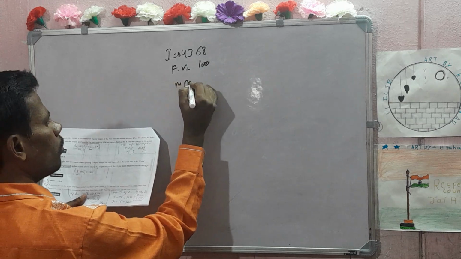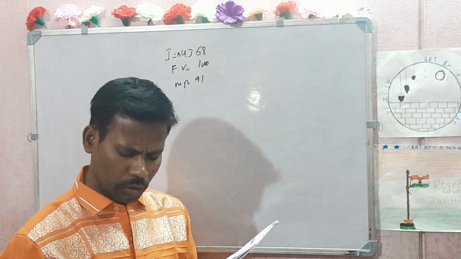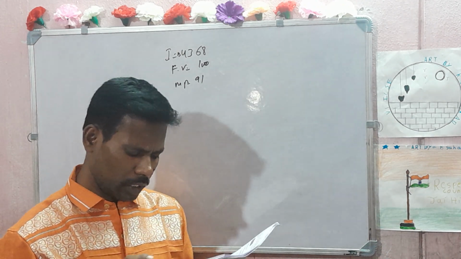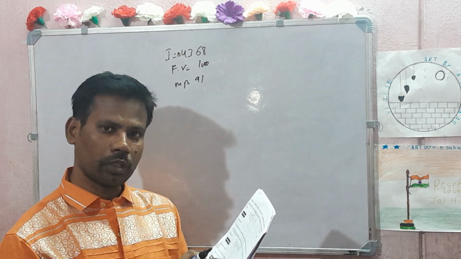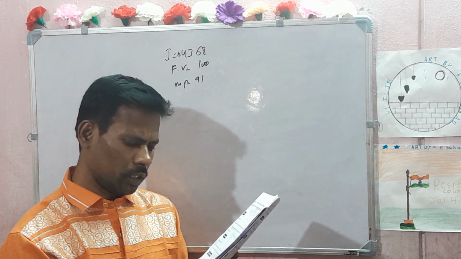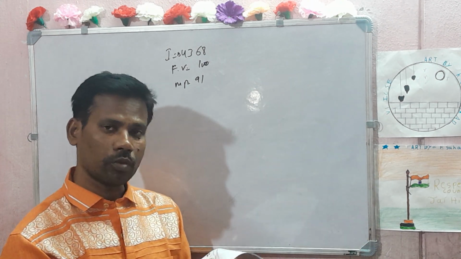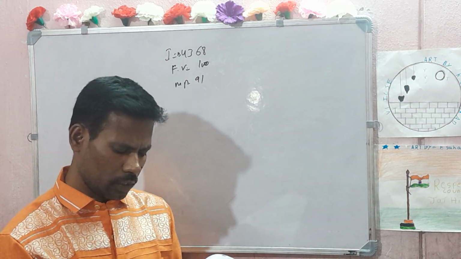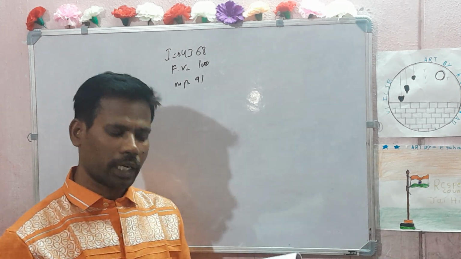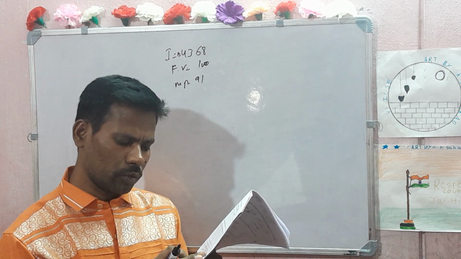Market value is 91. He sells out shares worth rupees 2400. Understand the meaning of this sentence. He sells out shares worth rupees 2400.